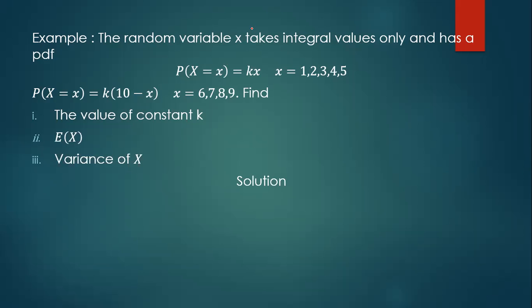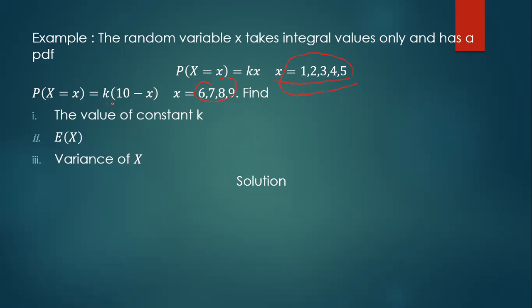We substitute the x values into the kx. Yes, then you sum it to 1. Okay. But remember, there are 2, so we have values running from 1 to 5, and then 6 to what? To 9.